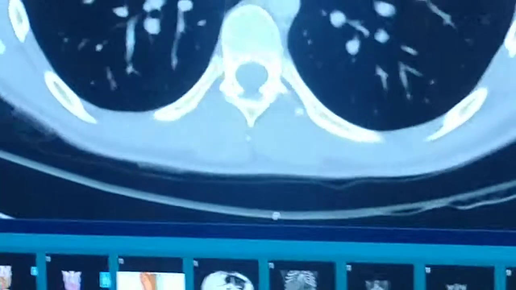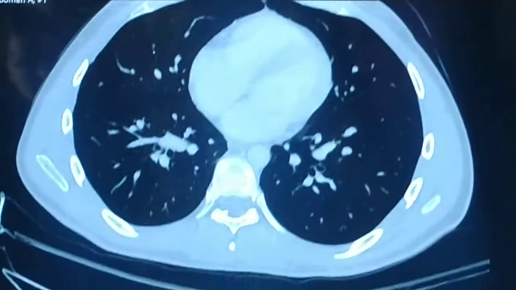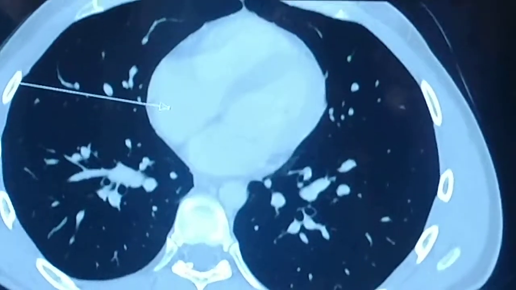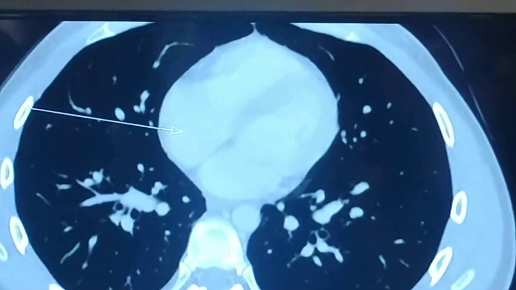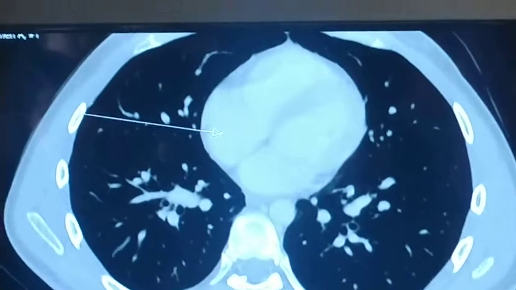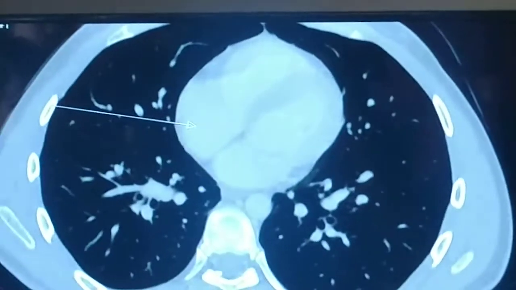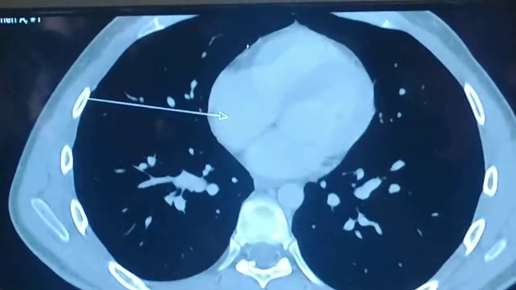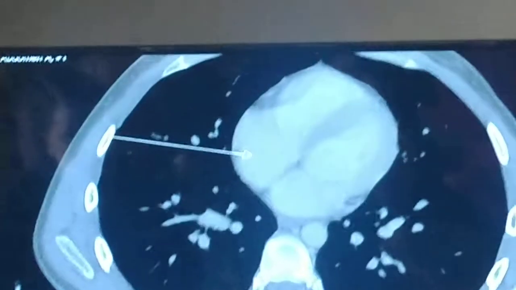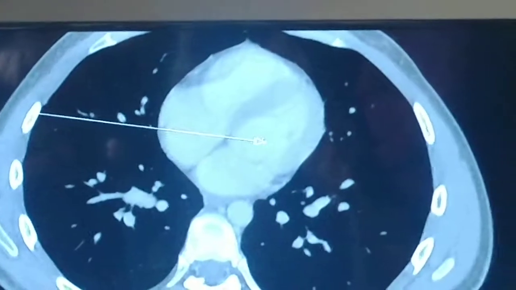Right atrium, very good. Right, so you can kind of see that there's a break in between this and this chamber, right?